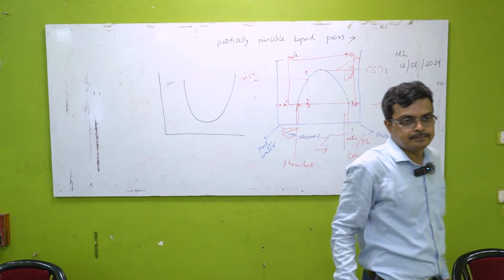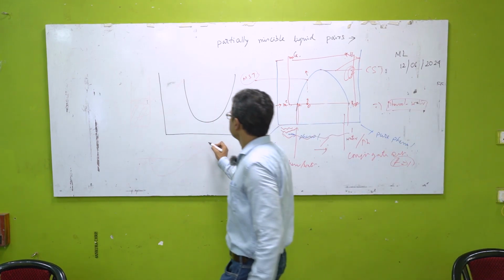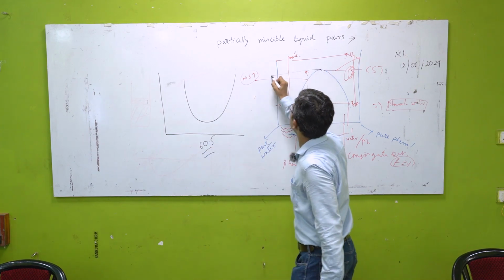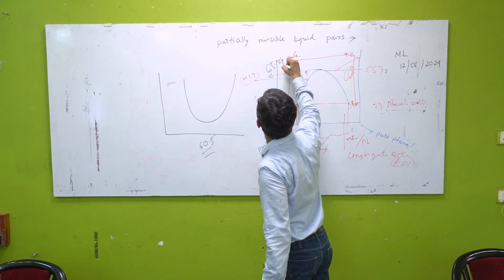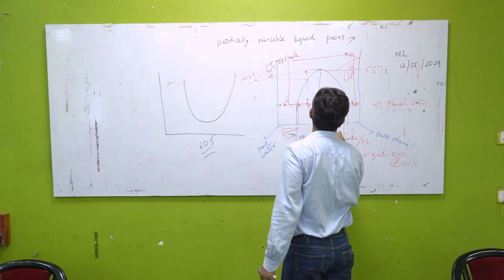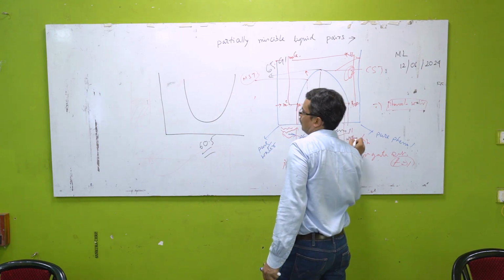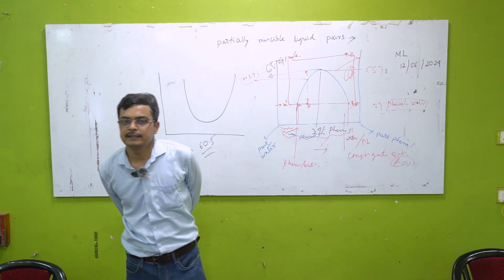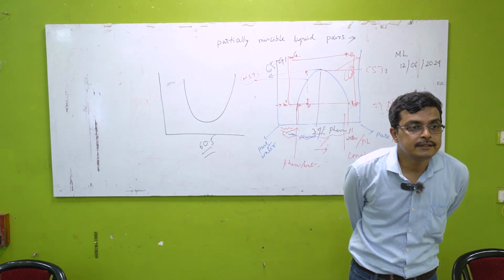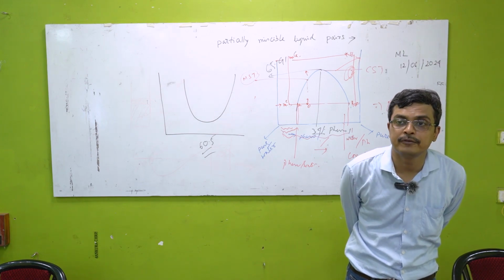Water triethylamine, where 60.5 probably. This is for the phenol water system, 65.9 and 34 points. Composition is 34.4% of phenol. Water in triethylamine. You see here the reverse of the phase diagram of the phenol water system.